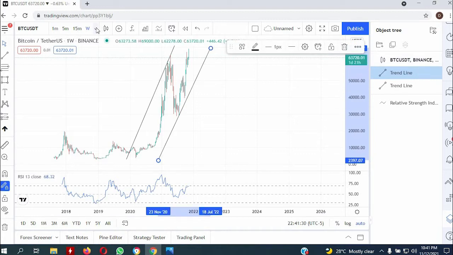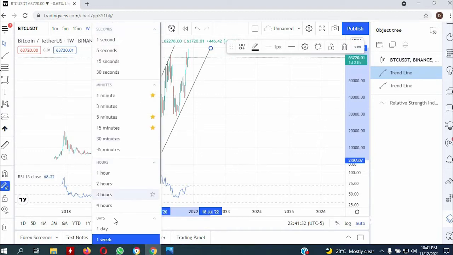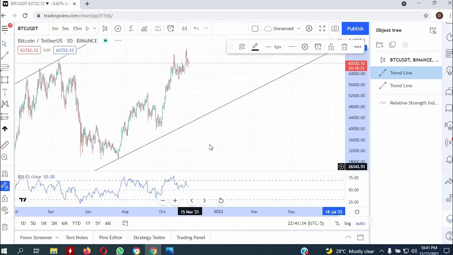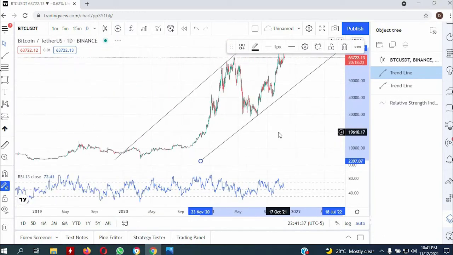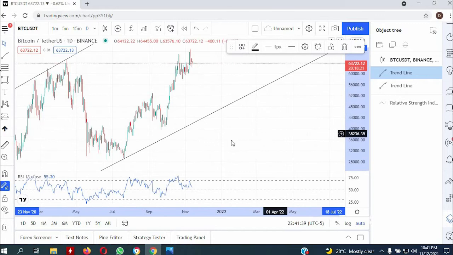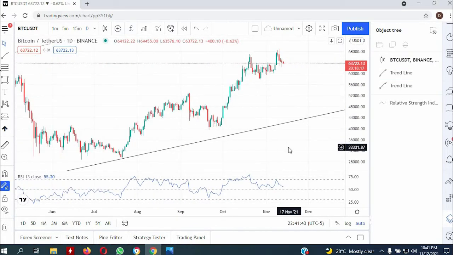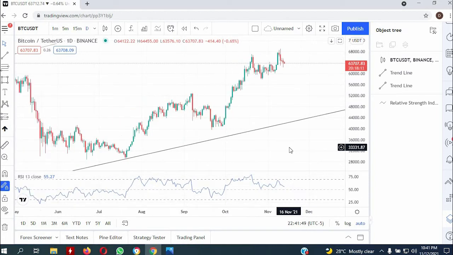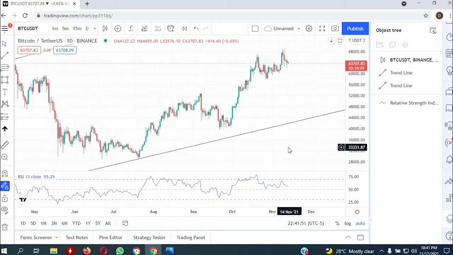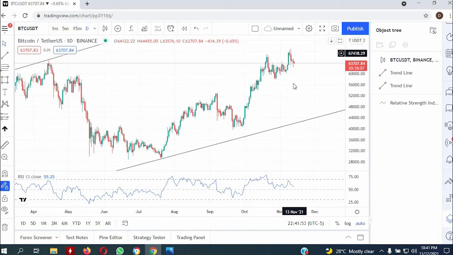Let me go down to the daily time frame, see what's going on. So the Bitcoin is in a bullish trend. However, this is a correction. Some people would call it a double top.